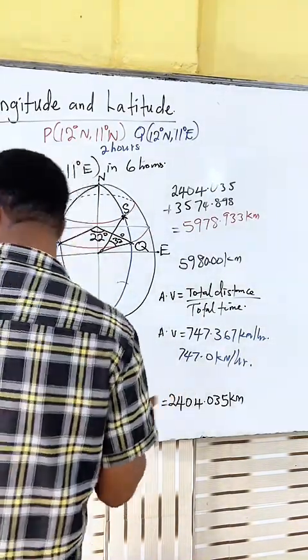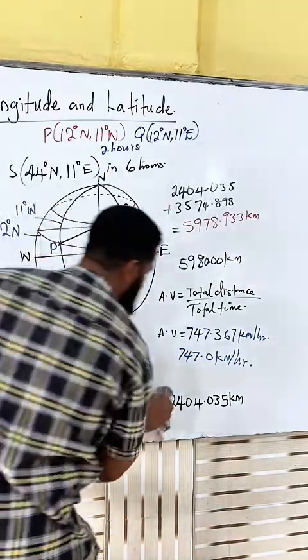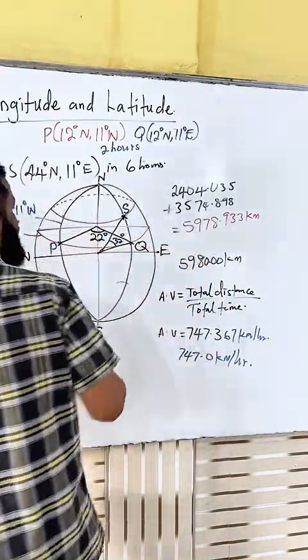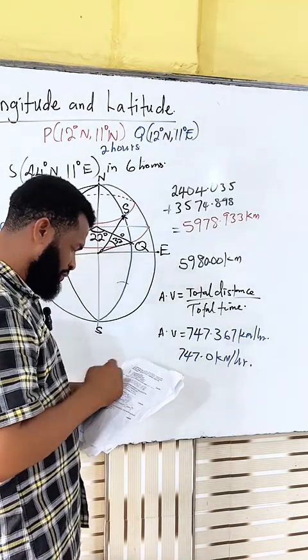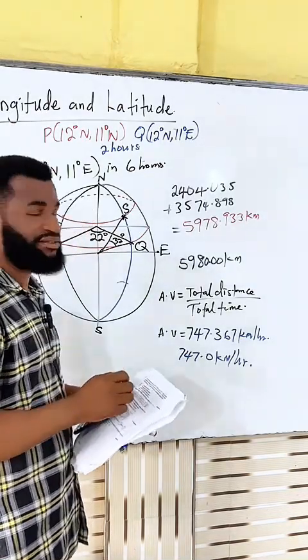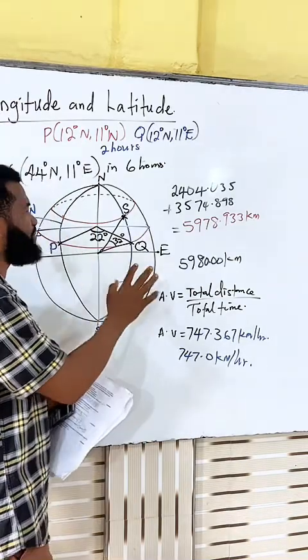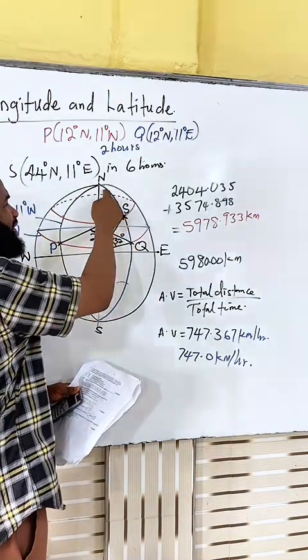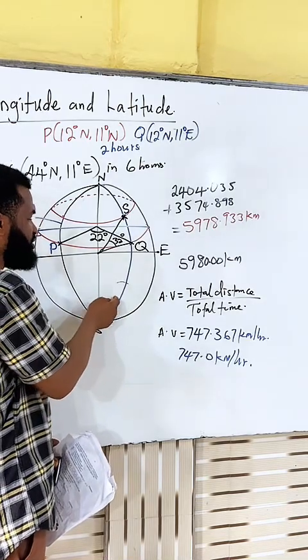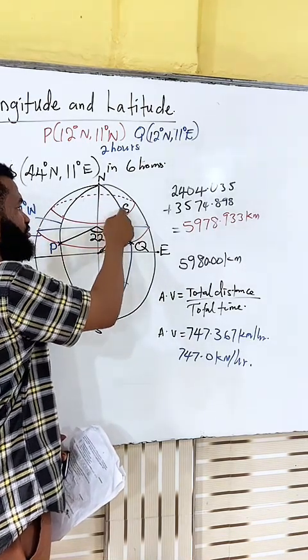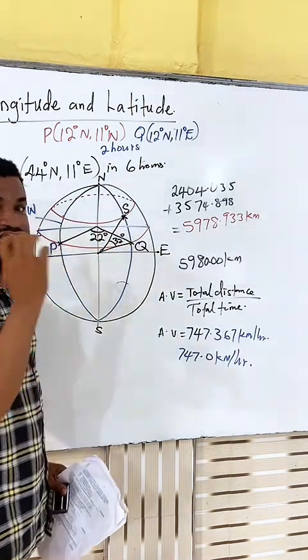The last question says the time difference between Q and S. Remember, Q and S lie along this longitude. All the countries living on this longitude, on this line, will have the same time.